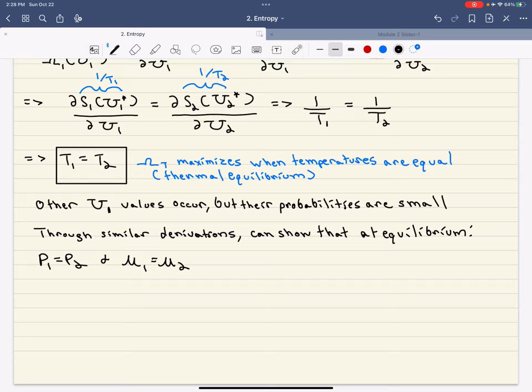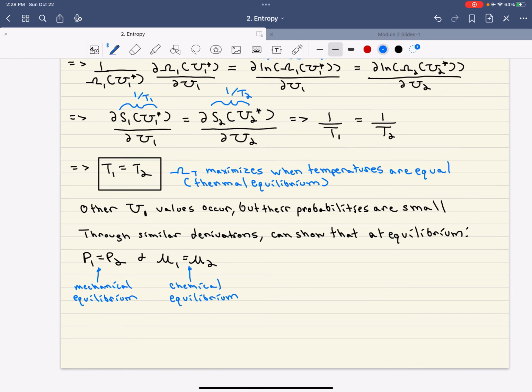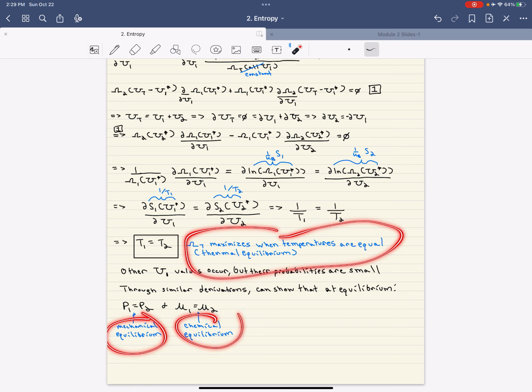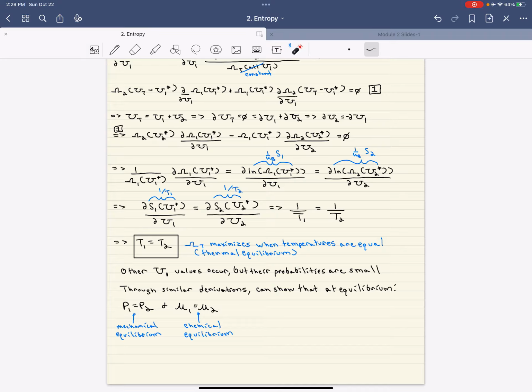All right? And so this one would be mechanical equilibrium, and this one would be chemical equilibrium. And so these sorts of relationships are necessary criteria that need to be satisfied in order for a system to reach equilibrium.